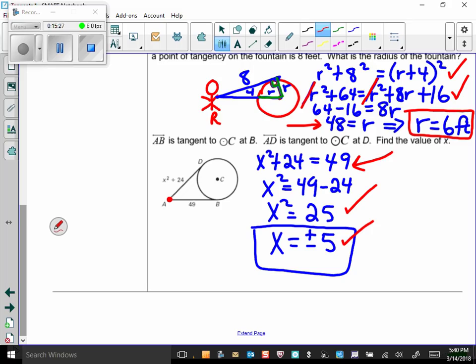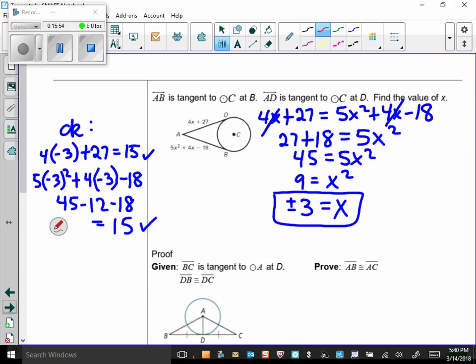However, if you look carefully at this picture, it's not telling me that x is a measurement of a part of this. If I plug in negative 5, I get 25 plus 24, which is 49. So the positive and the negative both work in that situation.